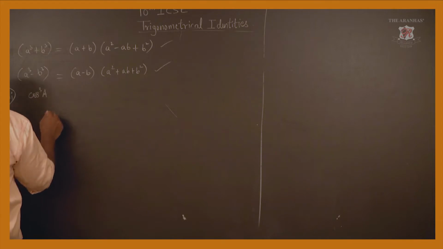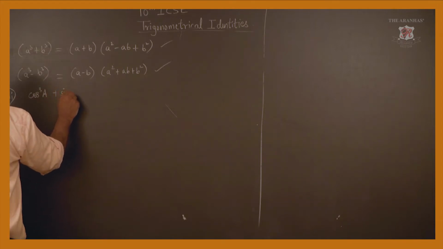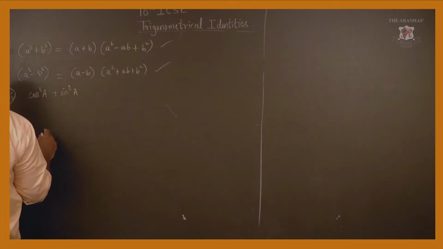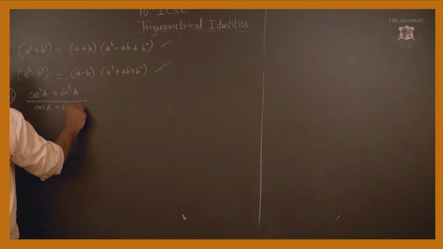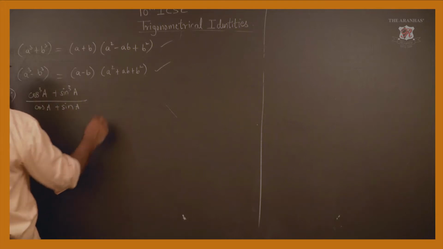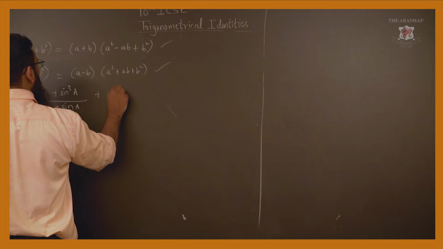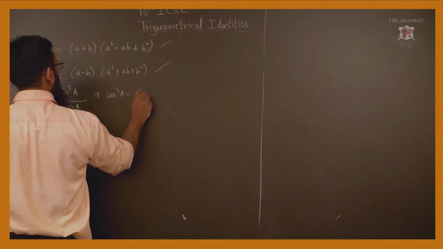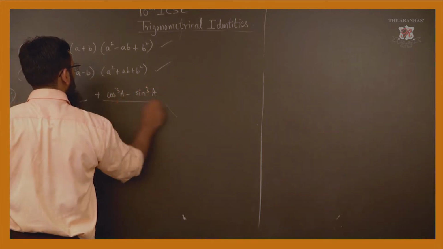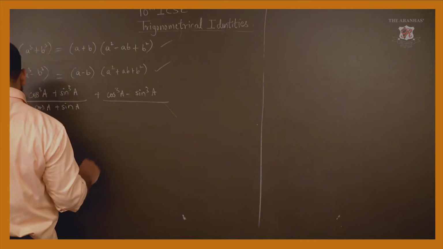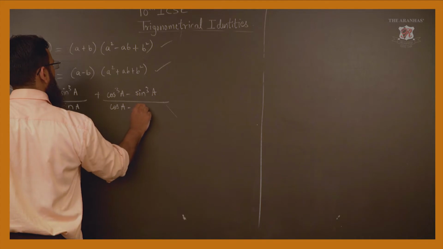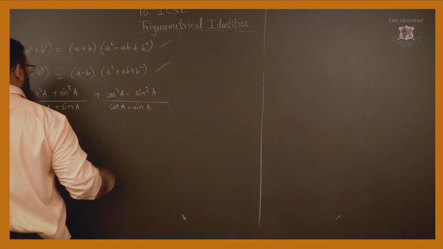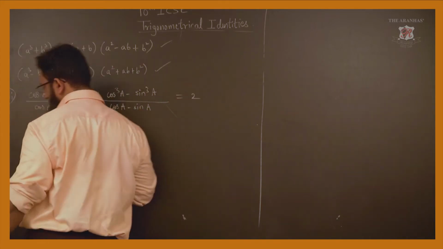cos cube A plus sin cube A upon cos A plus sin A plus cos cube A minus sin cube A upon cos A minus sin A, and this is simply equal to 2.